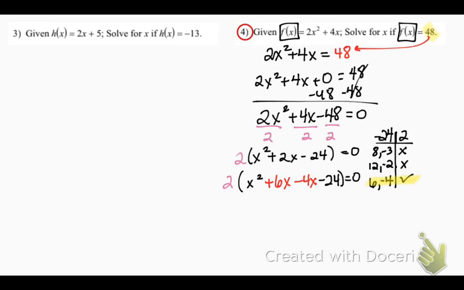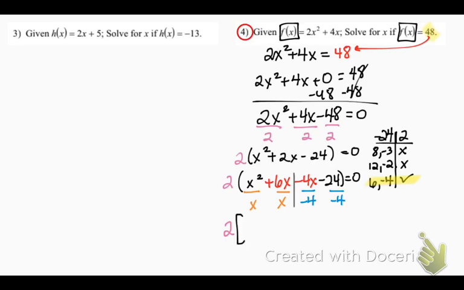To factor by grouping, we like to split it down the middle, and now divide by each of these GCFs. So the GCF of this left-hand side is x, and the GCF of the right-hand side is going to be a negative 4. So my 2 stays.